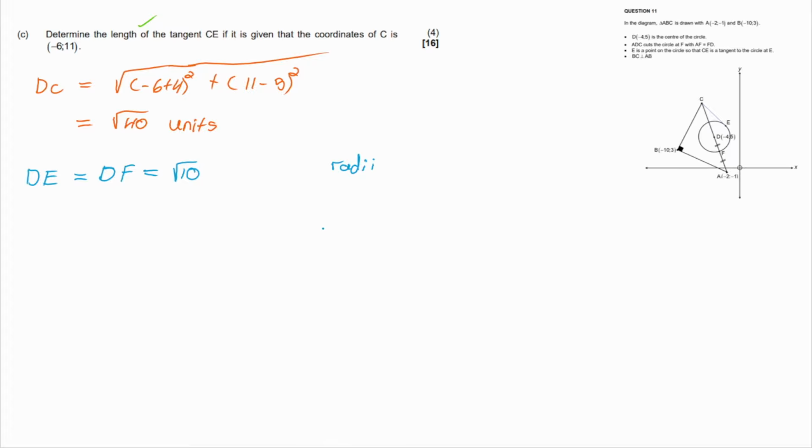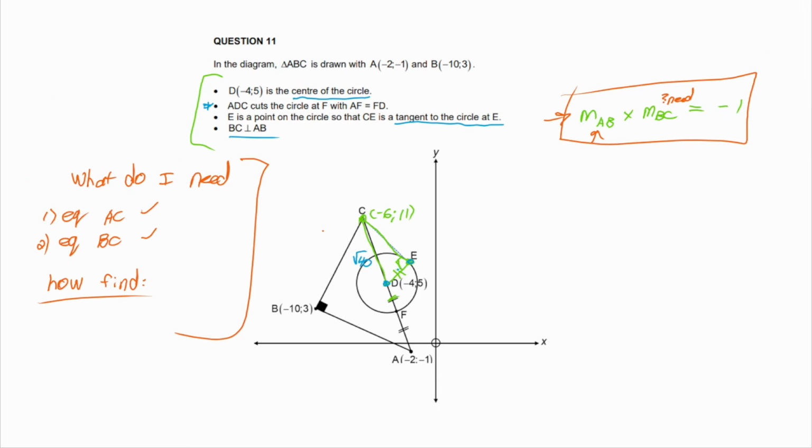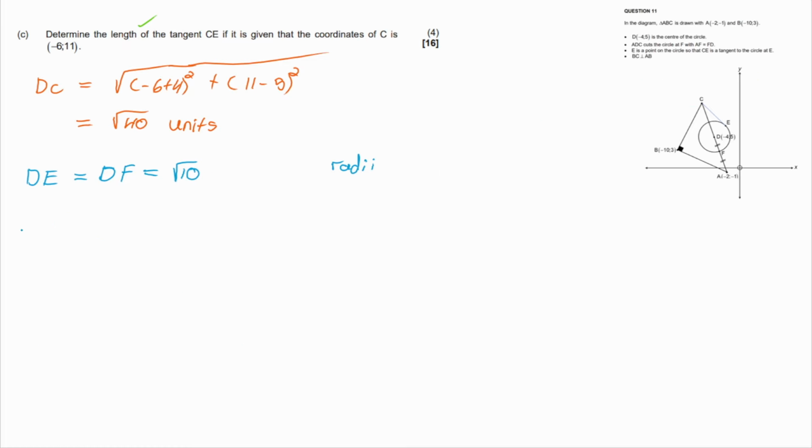Now I need to say that this is 90, because I'm applying Pythag. So line DE is perpendicular to line EC, and the reason there is radius perpendicular to tangent.